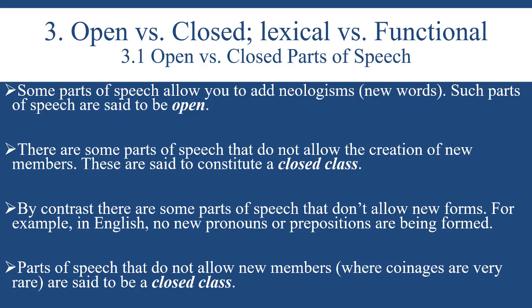So we can add verbs, nouns, adverbs, adjectives, etc. These are open class. But words like prepositions, in, out, at, and pronouns, he, they, etc., we cannot create new ones. We already have enough, and we cannot add more.